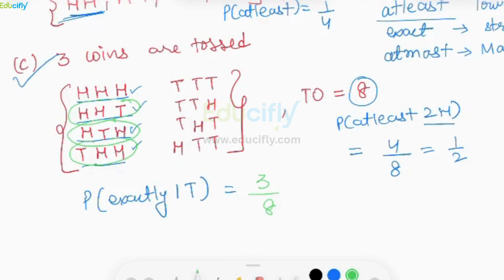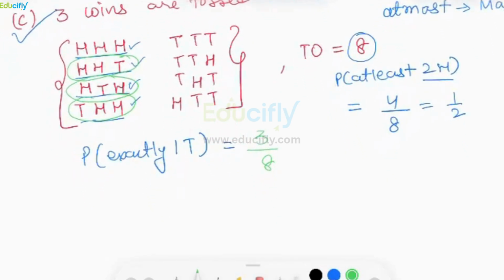Okay. Now let's jump on to the at most case. So if I'm saying probability of at most 2 heads, I am saying at most 2 heads means you have to take maximum 2 heads. So that is the maximum value. So this one, this one, this one, right?